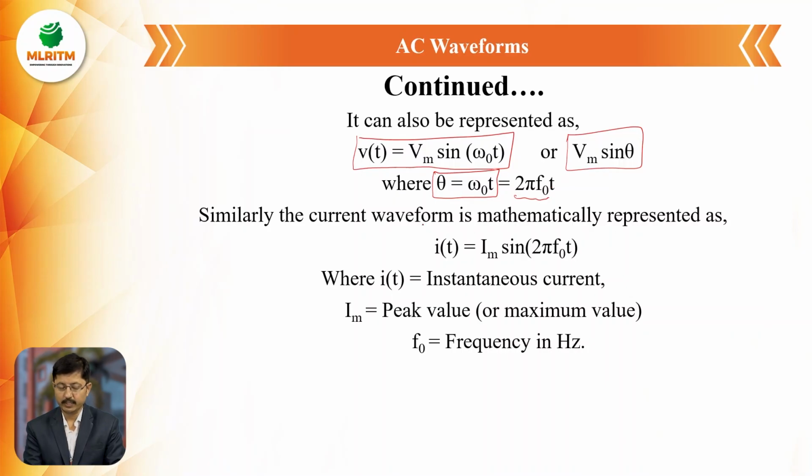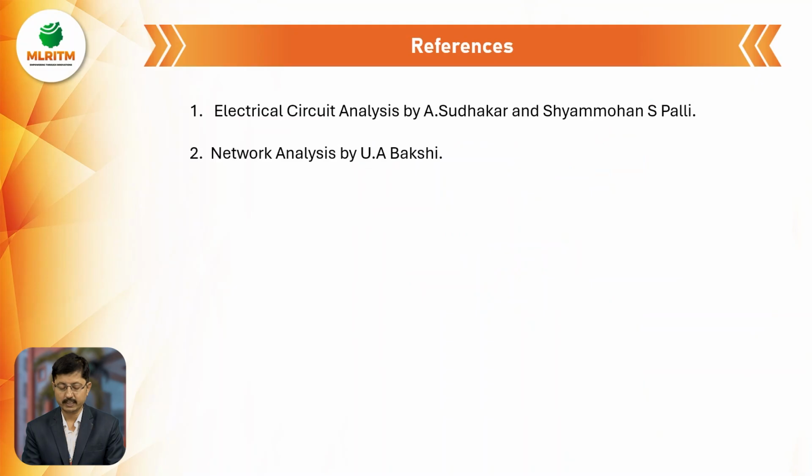Similarly, we can represent the current waveform in mathematical form: i(t) = Im sin(2 pi f0 t). Here i(t) is the instantaneous current and Im is the peak or maximum value. f0 is the frequency, measured in hertz. So these are the references. Thank you.